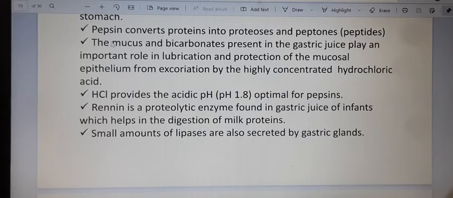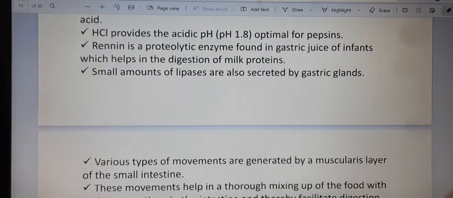So this mucus keeps it protected from being destroyed by the acidic environment in the stomach. And then HCl also provides the acidic optimum for pepsin. Pepsin is active only in an acidic HCl environment.